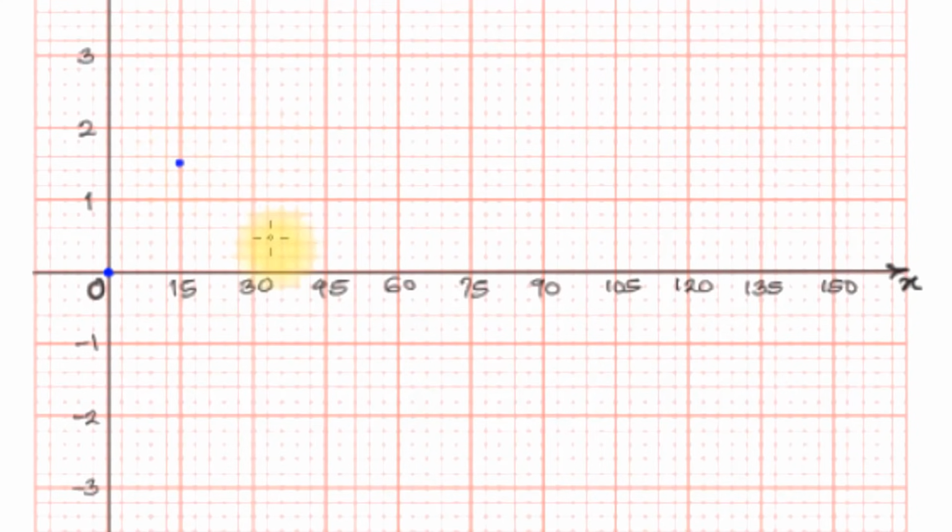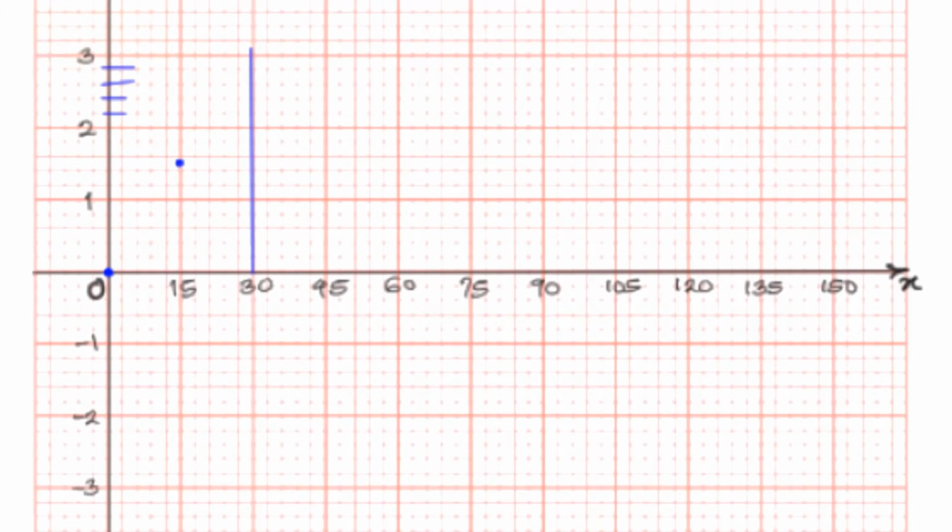Okay, so when x is 30, y is 2.6. So this is x is 30 here, and y is going to be 2.6. Now, this is 2, this is 3, and here I have 5 divisions of my boxes. So I will take it as this: the first one here is 2.2, this will be 2.4, this will be 2.6, this will be 2.8, and then you can see it's not 3.0.